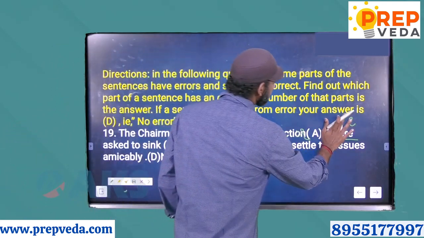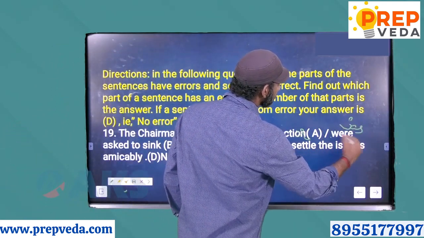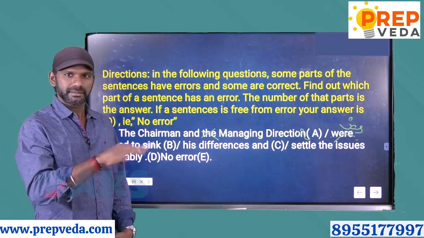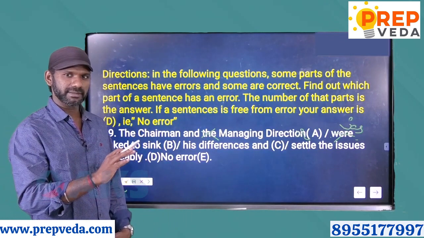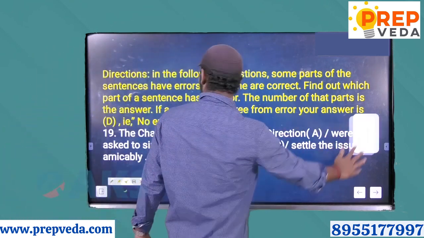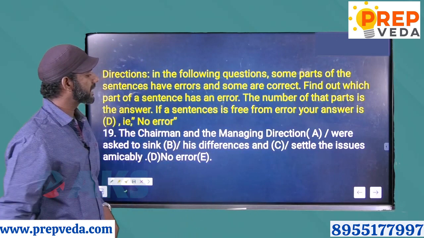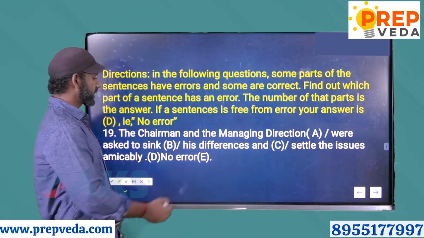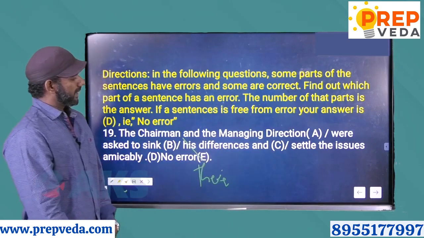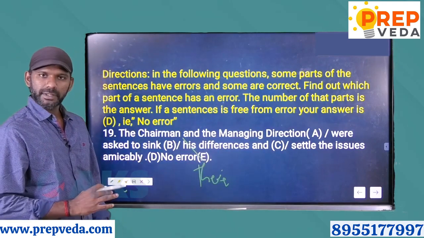Then the error must be in part B. Was asked to sync his differences, but the rest of the sentence will not fit actually. But in the given sentence, the answer must be part C. The chairman and the managing director were asked to sync their differences and settle the issues amicably.